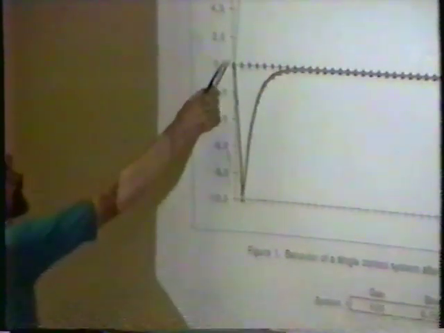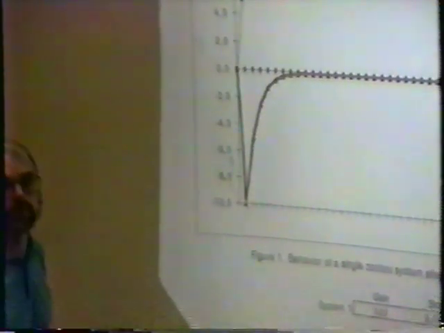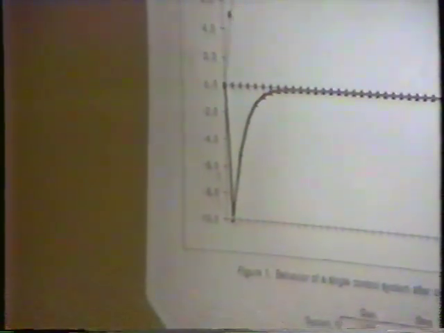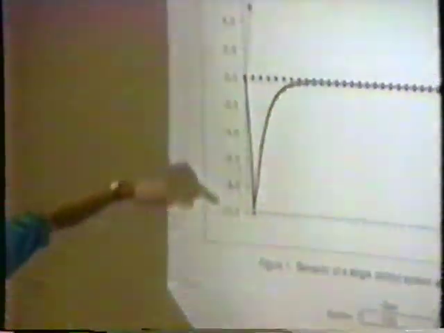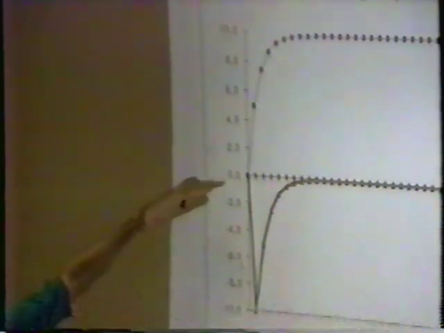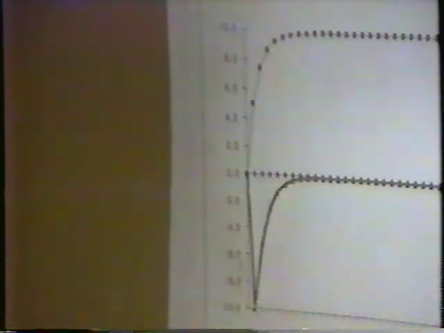What happens? What are the other things we have here? A reference value that's 0 the whole way through. We have a perceptual variable, and this is this curve right here.